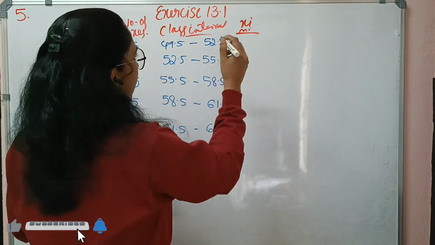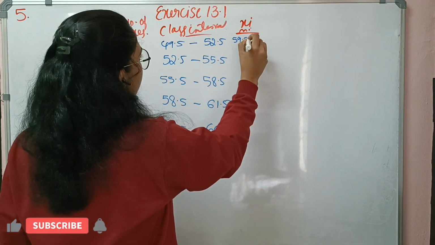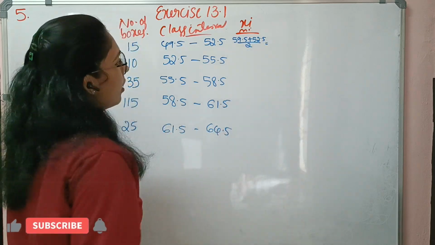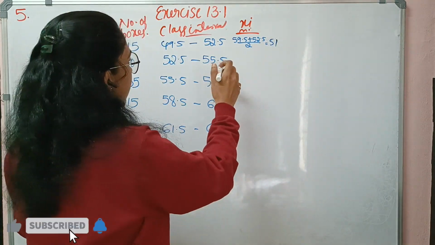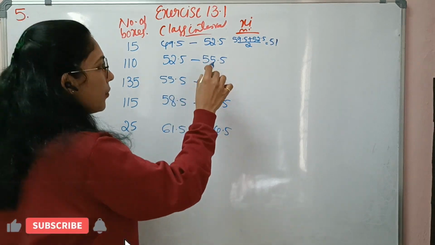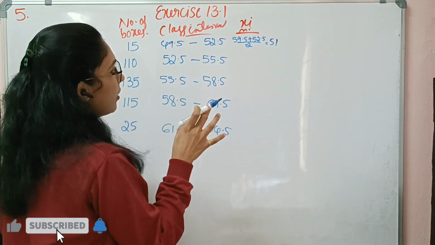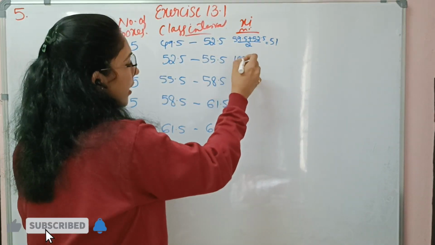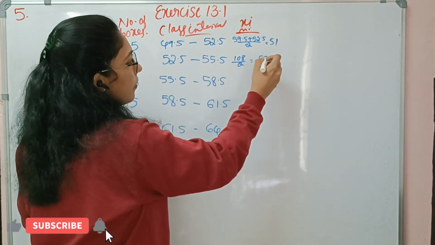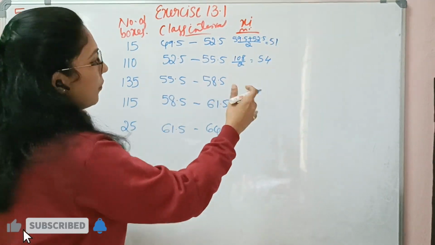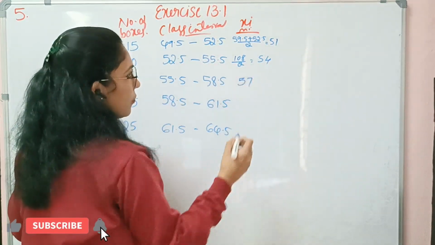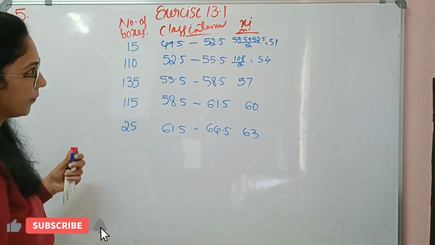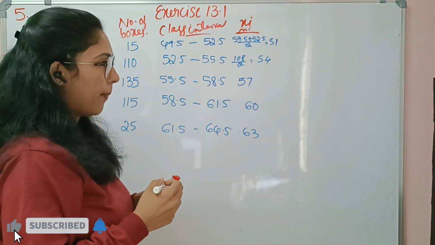Here it will be 49.5 plus 52.5 upon 2, that is 51. Then 52.5 and 55.5, on adding we get 108, and 108 upon 2 becomes 54. So 51, 54. Then the next will be 57, and 60 and finally 63. So these are the midpoints.